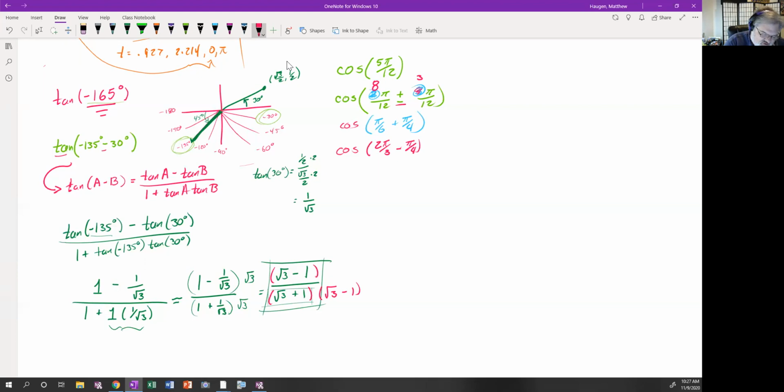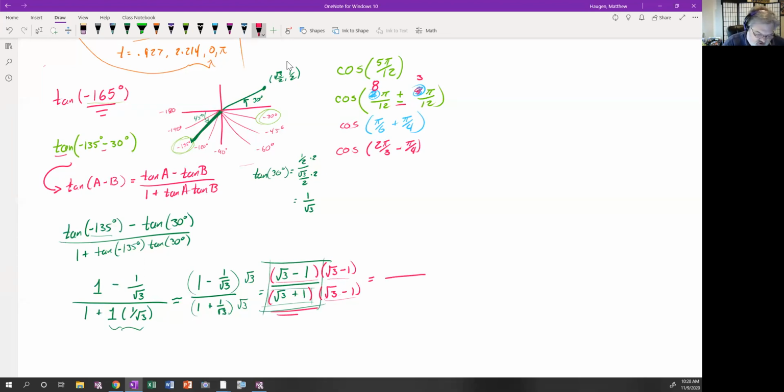I've said before that usually for these, just go ahead and leave it alone. The fact, though, that this conjugate is the denominator, that's going to simplify fairly nicely. So I'm going to go ahead and rationalize this. But if you guys stopped here, I would be perfectly happy with that.